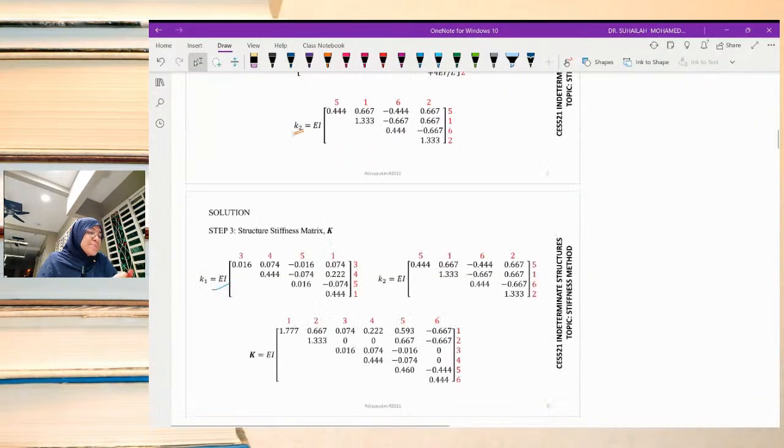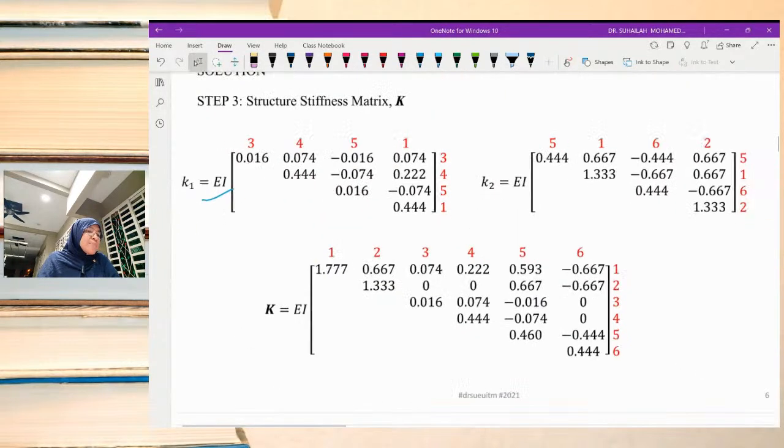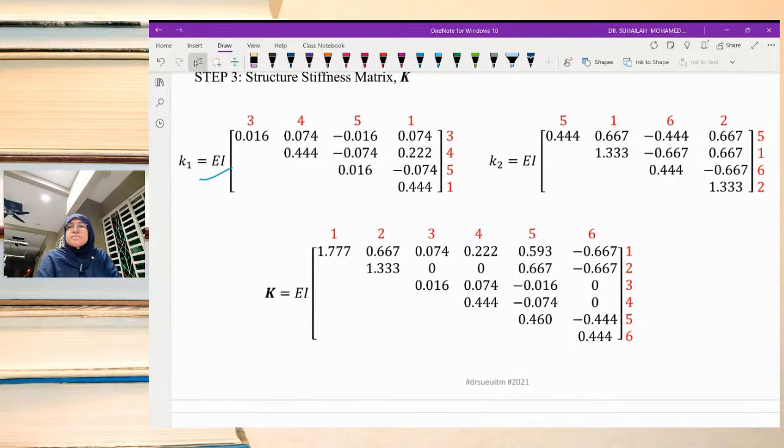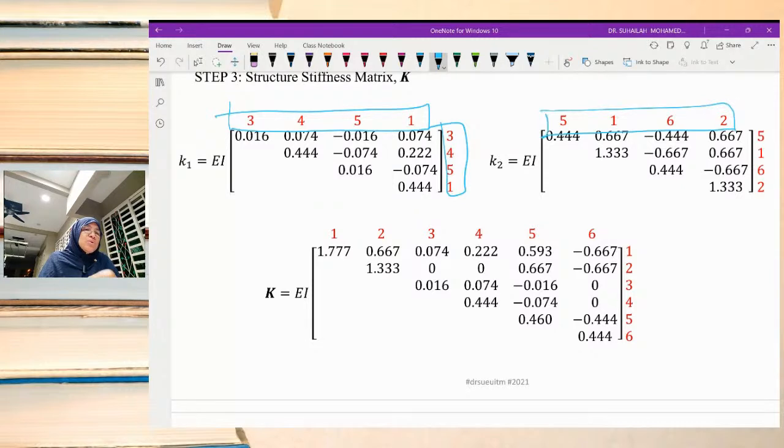So the next step, step number 3: we have K1 with label 3451 and K2 with label 5162.